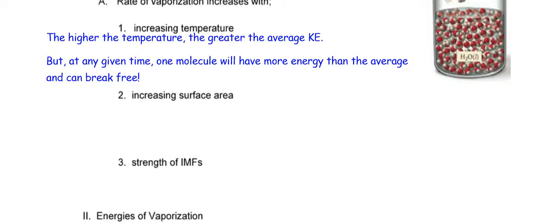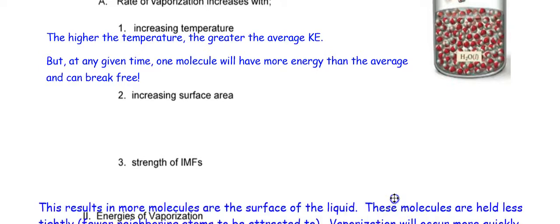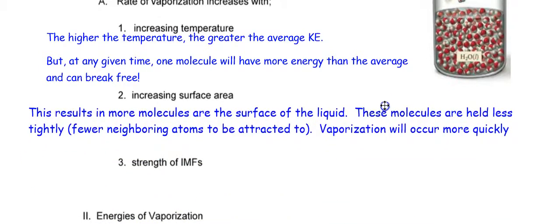It's only the molecules on the surface that are actually becoming a gas, and that's why increasing the surface area will also increase the rate of vaporization. So this results in more molecules at the surface of the liquid. These molecules are held less tightly. You have fewer neighboring atoms to be attracted to.